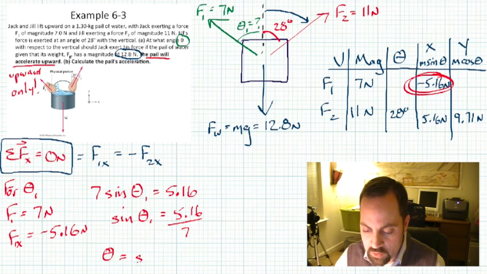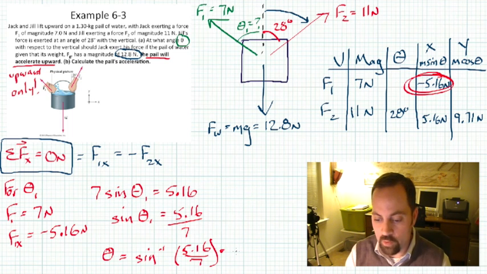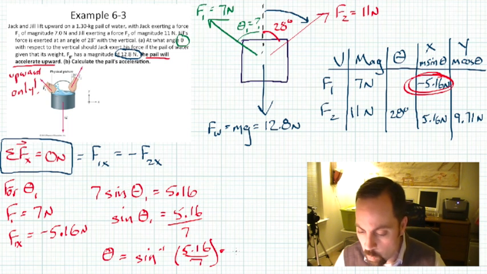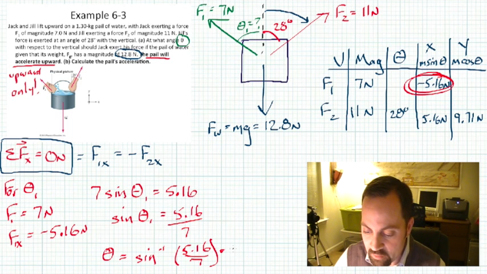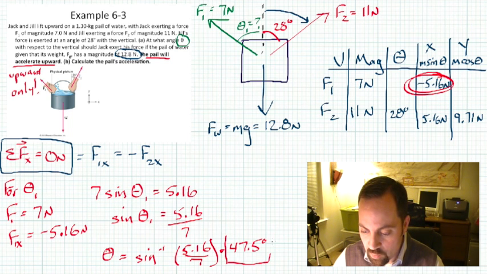So theta equals sine to the negative 1 of 5.16 divided by 7. And that will return for us what theta has to be for force 1. So 5.16 divided by 7, that gives me 47.5 degrees. And that is our answer for part A.